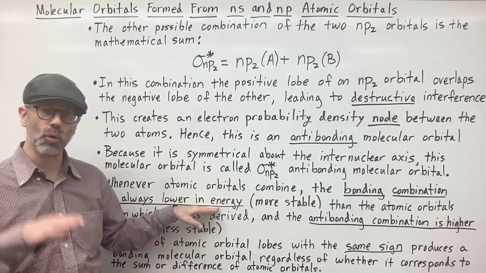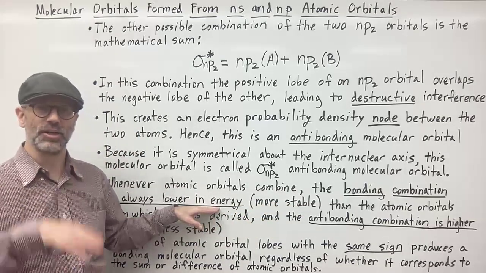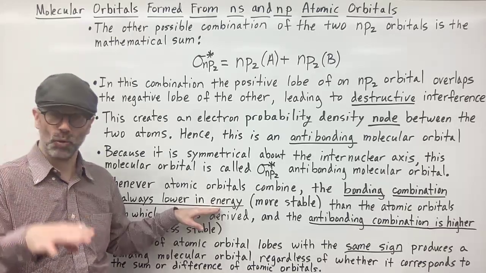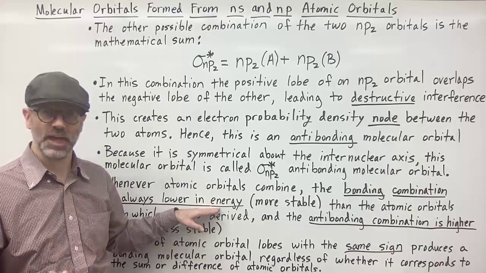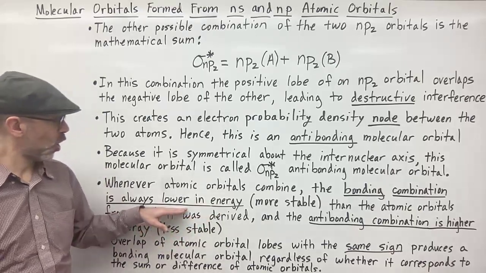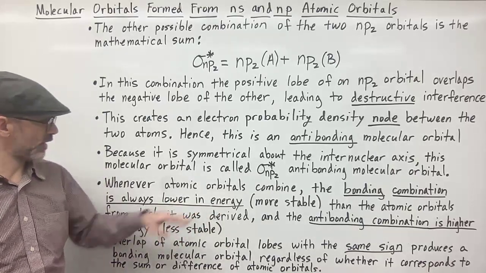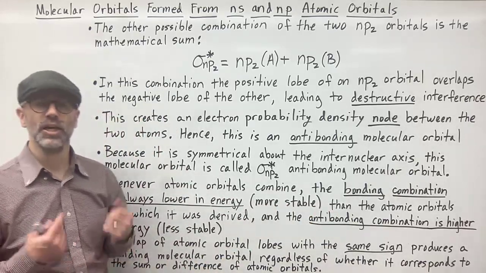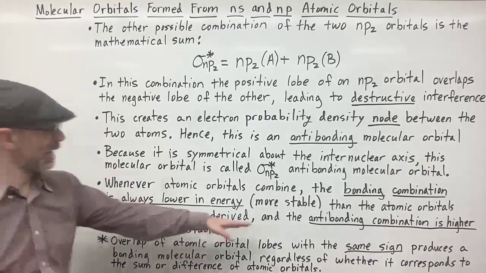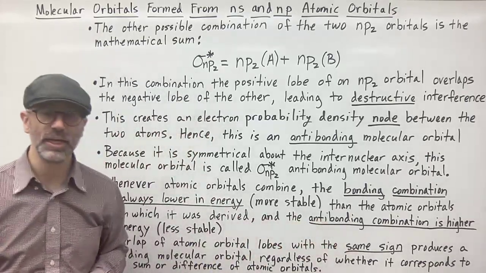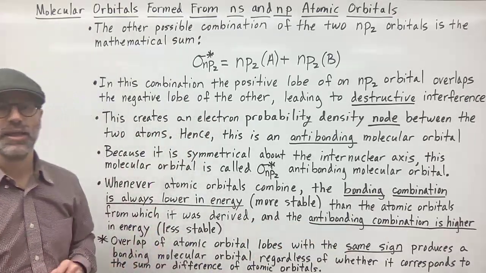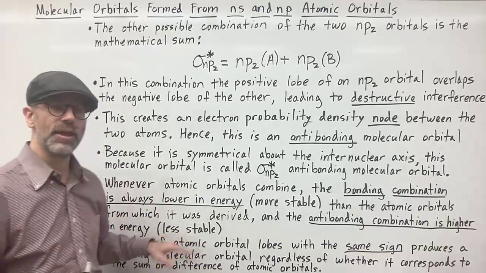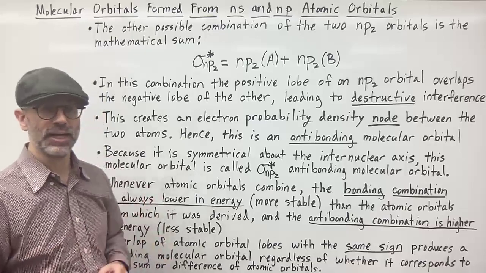So remember, lower in energy means stability. The amount of energy you have is related to stability. So the lower energy you have, the more stable you are. So this is always going to end up in a lower energy state, more stable than the atomic orbitals from which the molecular orbital came. And the antibonding combination is always going to be higher than the atomic orbitals, higher in energy or less stable than the atomic orbitals from which they came.